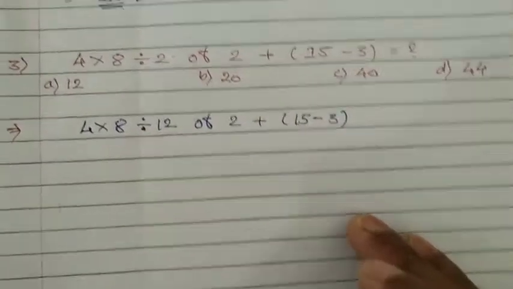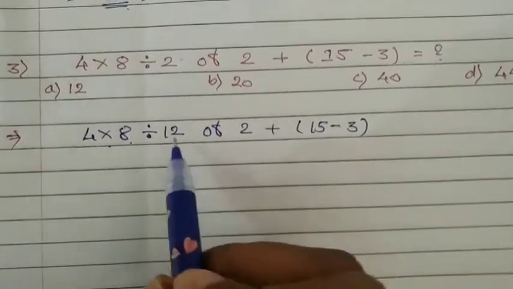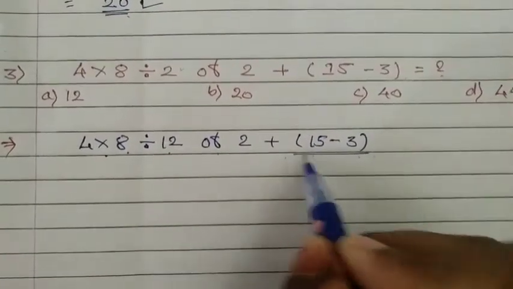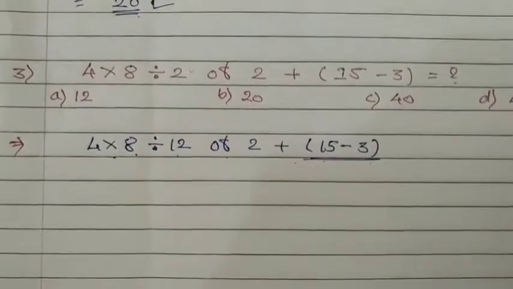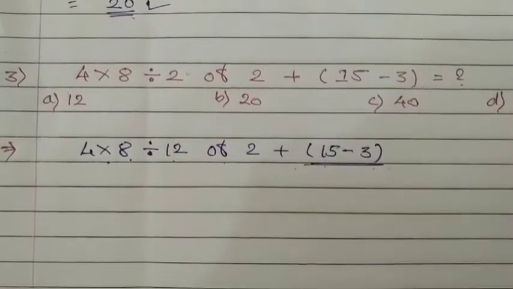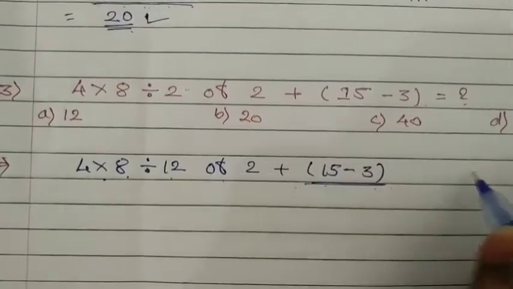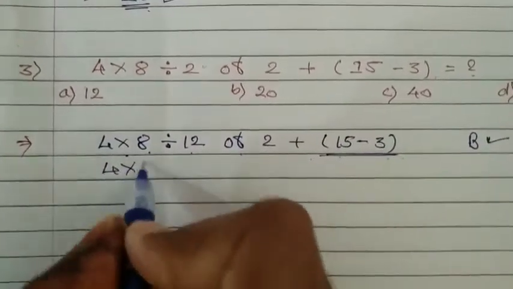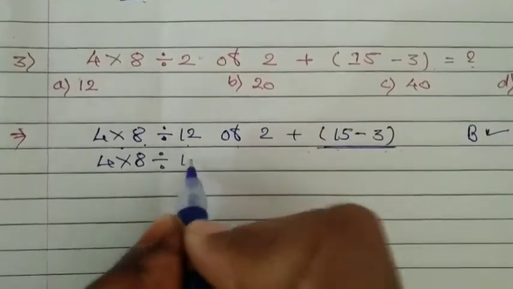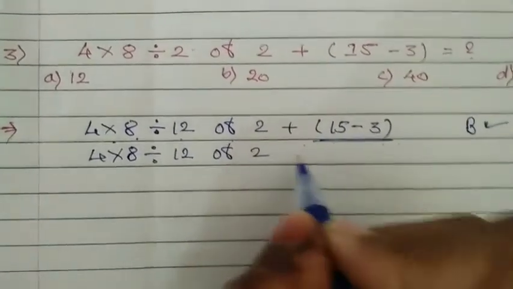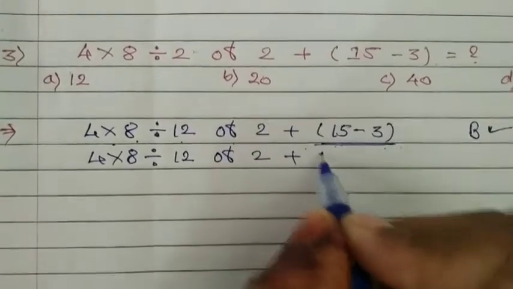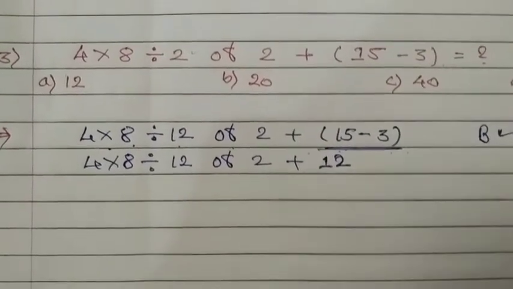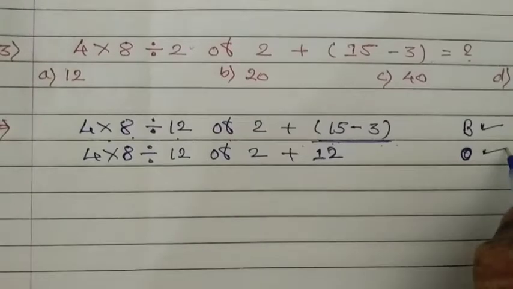4 multiplied by 8 divided by 12 of 2 plus bracket is here 15 minus 3. So simple BODMAS rule follow. Bracket is here, so firstly solve bracket. 15 minus 3, how much? 12. Bracket complete. Then O stand for of.